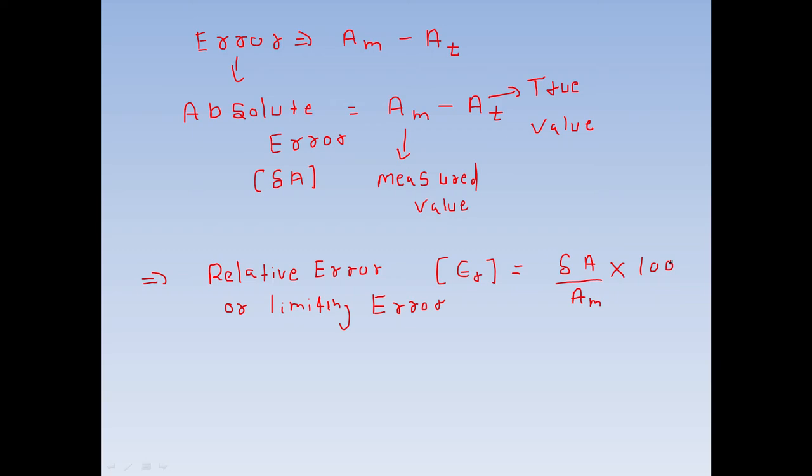So I again repeat, absolute error is the difference between the measured value minus true value, whereas the relative error or limiting error is the ratio between absolute error and the measured value, and if we convert into percentage, we multiply by 100. Now just try to solve some questions so that your doubt can be clearly figured out.